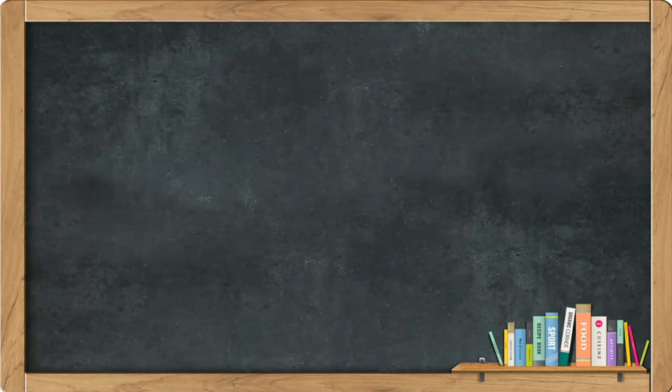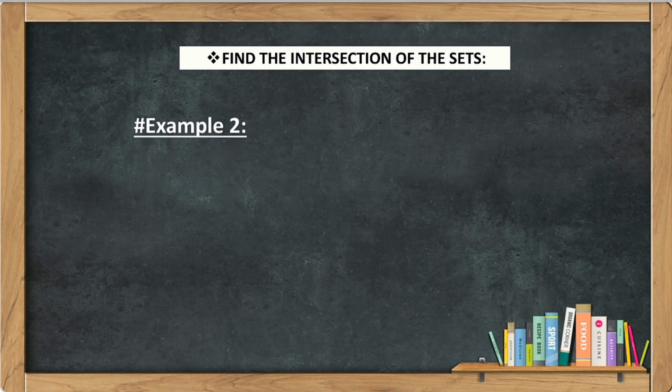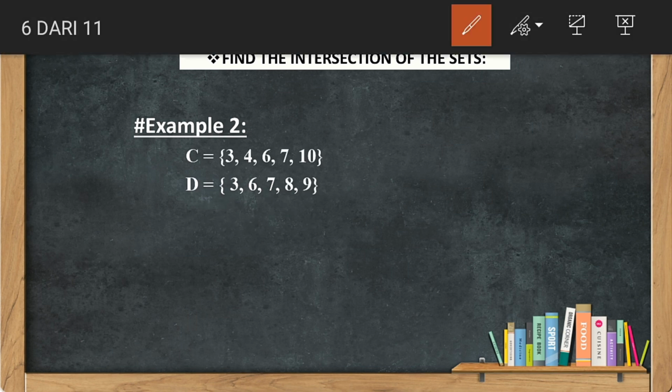Next, let's work on some more examples. Example 2. Let's say set C contains the elements 3, 4, 6, 7, and 10, and also set D, which contains the elements 3, 6, 7, 8, and 9.